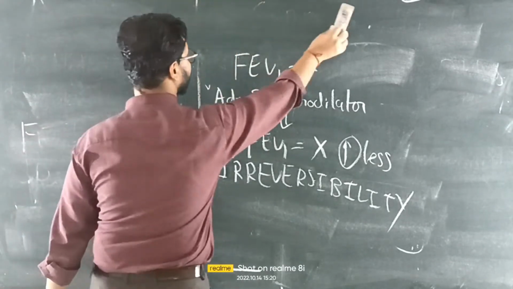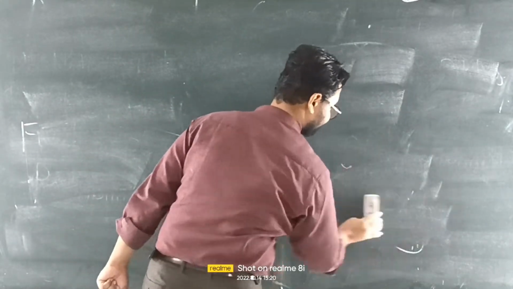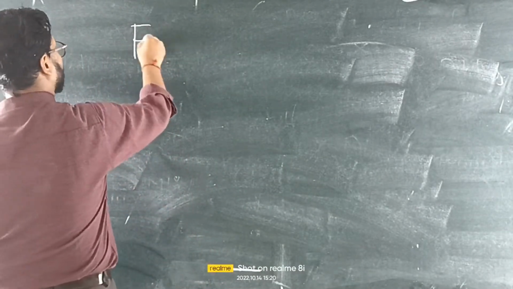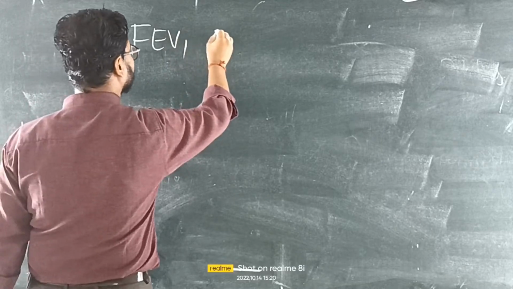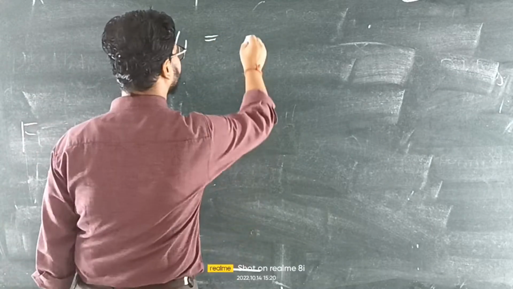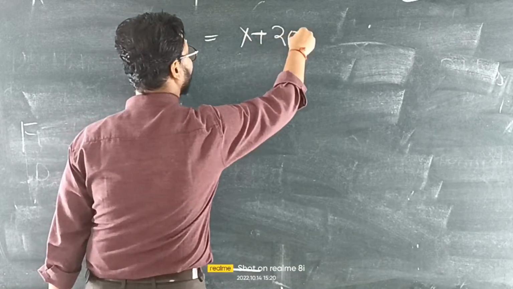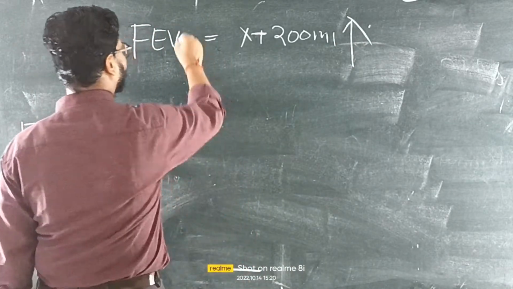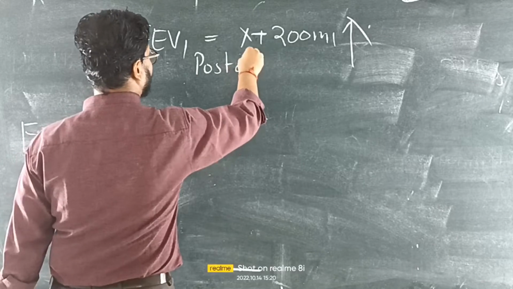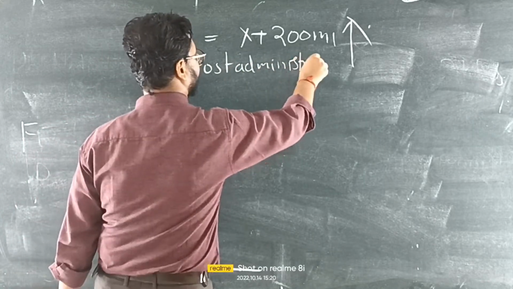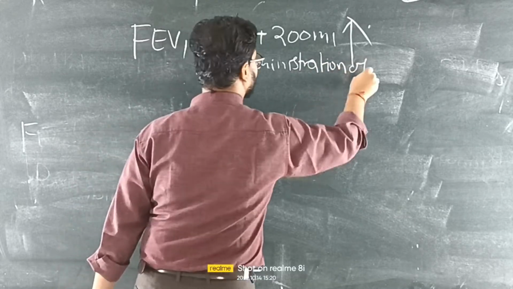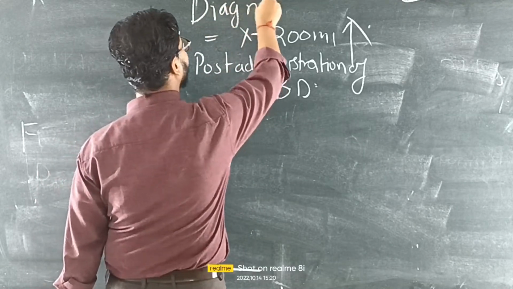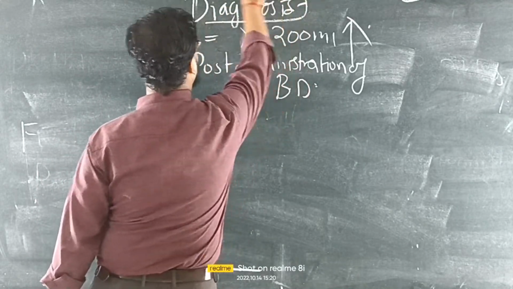I am summarizing it here: the FEV1 will be X plus more than 200 ml increment in the FEV1 post administration of bronchodilator. This is the first diagnosis of asthma.